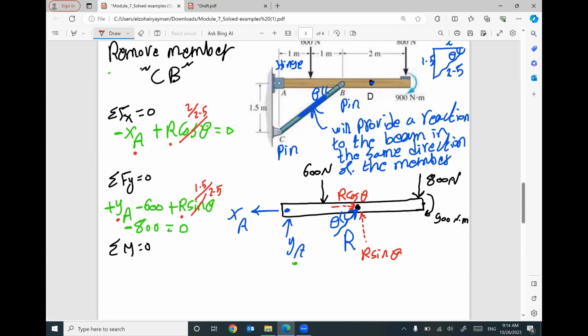Summation moment at any point equals 0. I do recommend to take moment at A, which is the point with the highest number of reactions. I'm going to assume my clockwise rotation is positive.